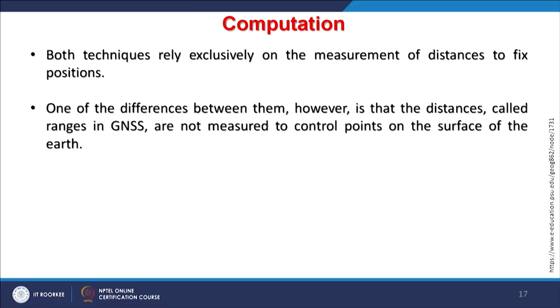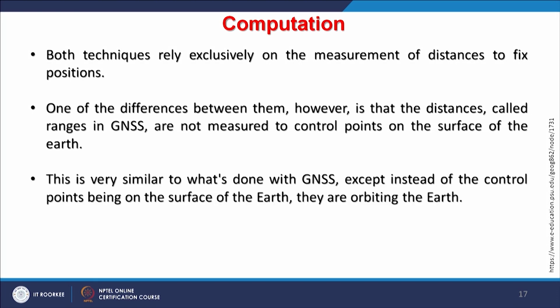One of the differences between these techniques is that the distances are called ranges in GNSS, in satellite based navigation systems, whereas in the other they are measured to control points on the surface of the earth.